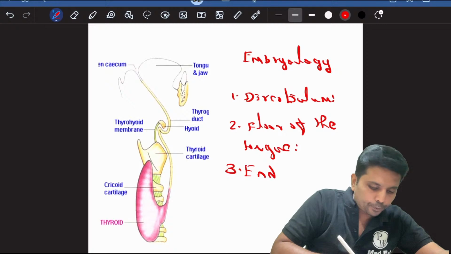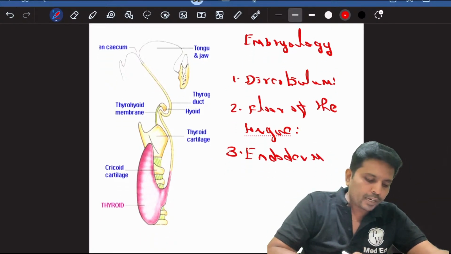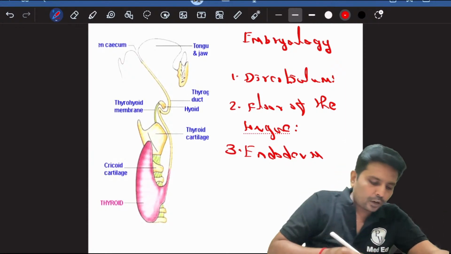This is very important. This question can be asked in your anatomy. So it arises as an endoderm diverticulum from the floor of the mouth.